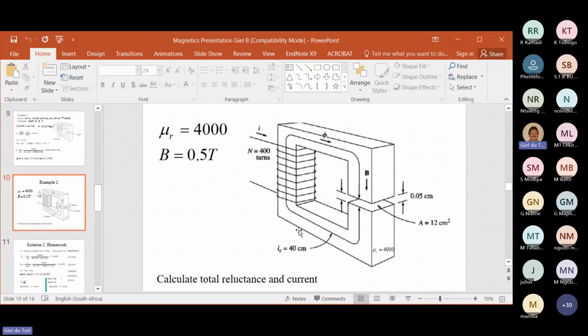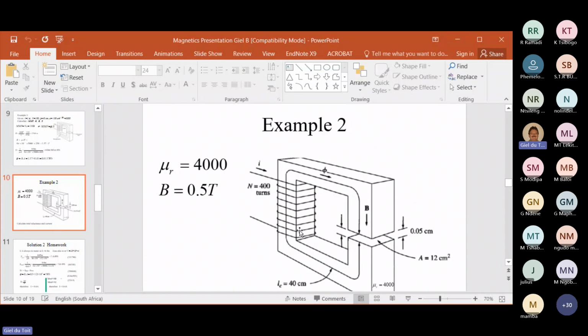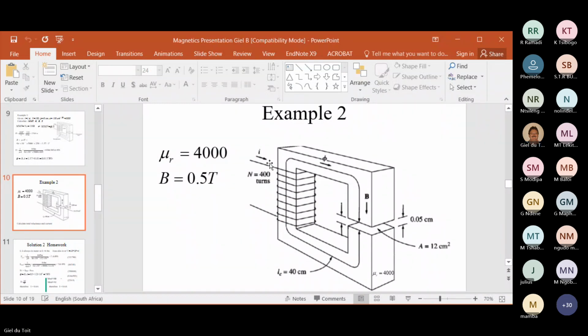I'm going to tell you, if the current is 1 ampere, then you must calculate for me what is the MMF. What is the MMF in this case?